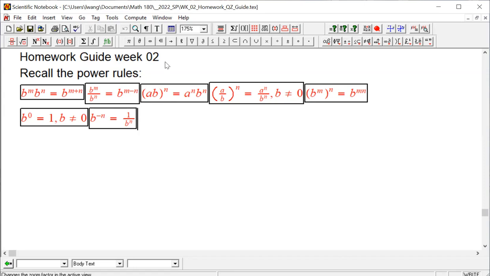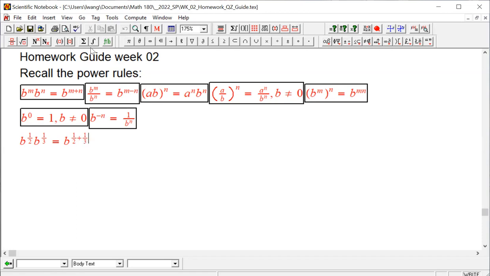For example, we can totally have b raised to the power of half multiplied by b raised to the power of third, and that will equal b raised to the power of half plus third.